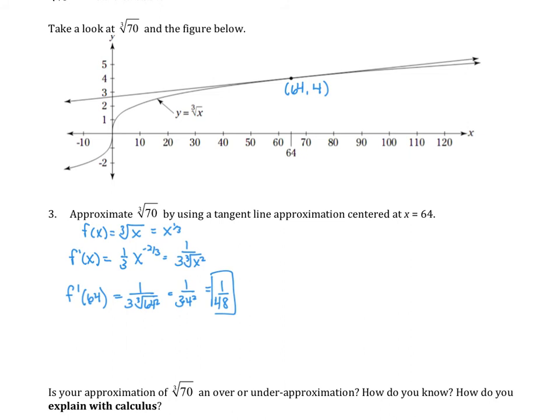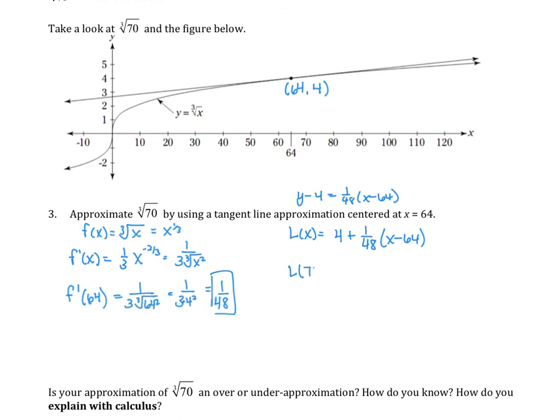Now if I were to write this equation, my linear approximation, remember in point-slope form, would be y minus 4 equals 1/48 (x minus 64). The linear approximation is going to be 4 plus 1/48 (x minus 64). Now I can evaluate this at 70.